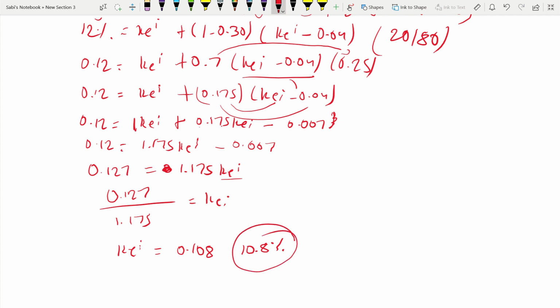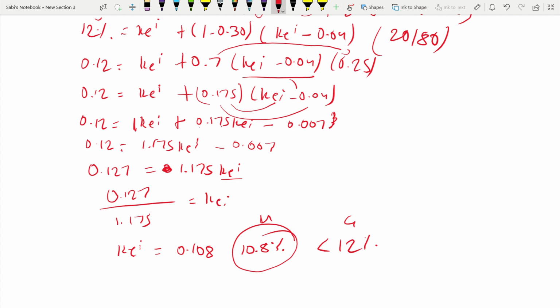Okay. Is it enough? There is another way of checking whether this is correct or not. See, this 10.8% should be less than 12%, because this is ungeared and this is geared.